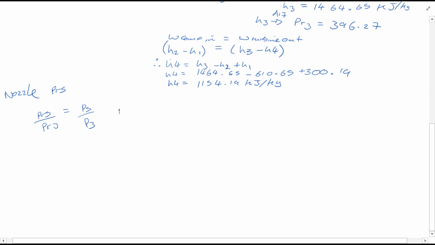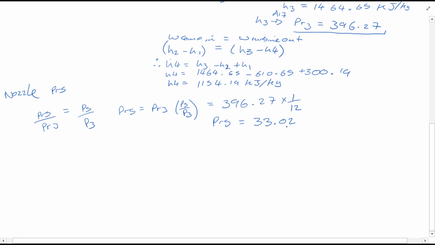So rearranging this, PR5 is equal to PR3, which we previously calculated, times by P5 over P3, which is of course the inverse of the pressure ratio, so it will be 1 over 12, and subbing those values in will give you a value of PR5 equal to 33.02.